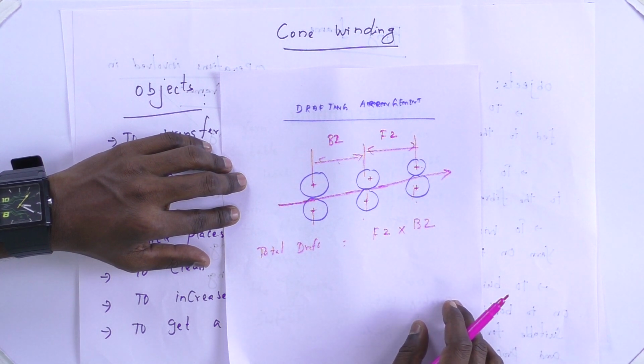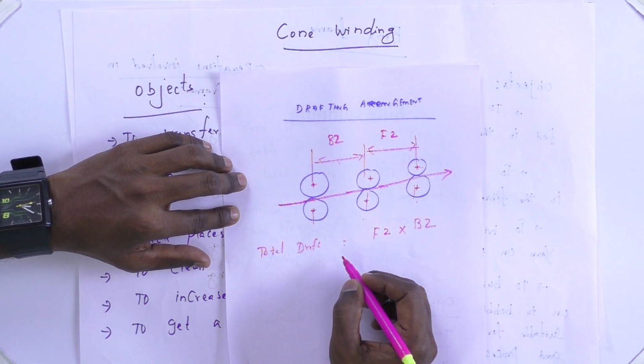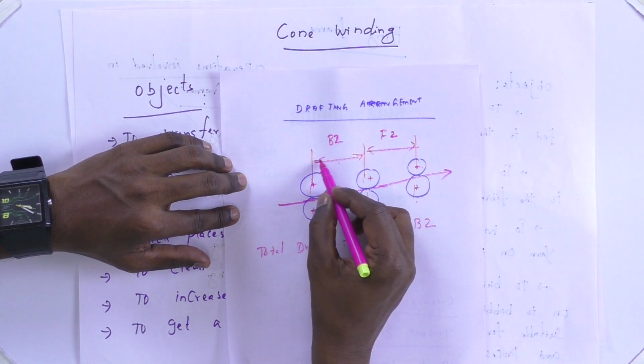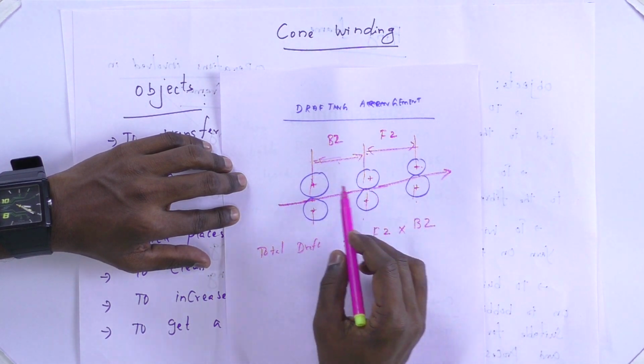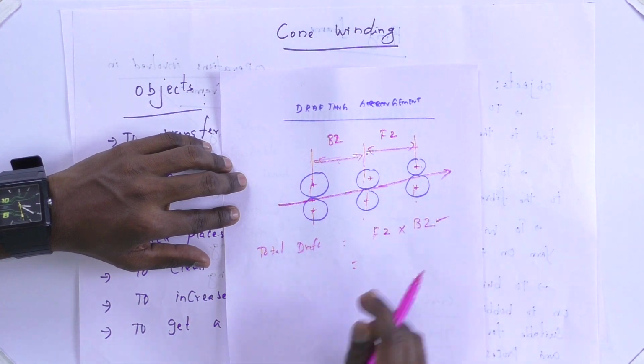Normally the back zone draft is minimum when compared to the front zone draft. And the roller setting, the distance between nip to nip, is based upon the fiber length. This is the drafting system.